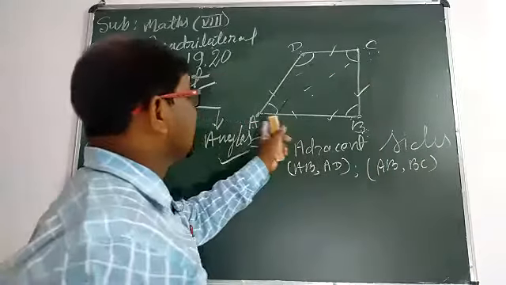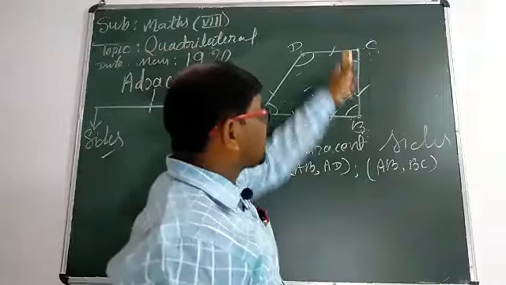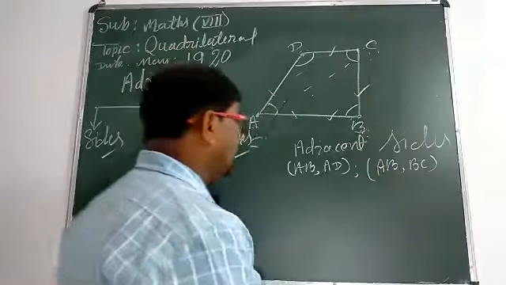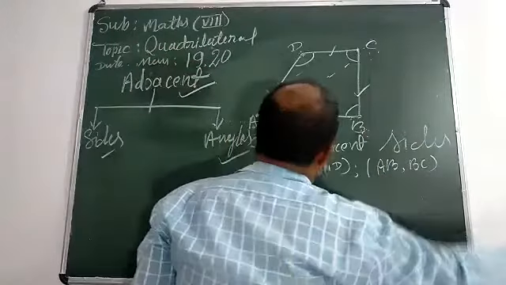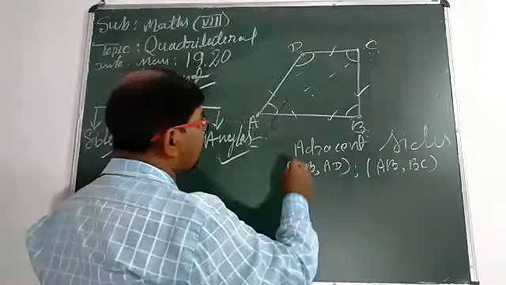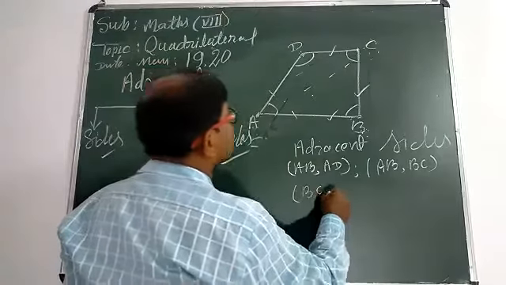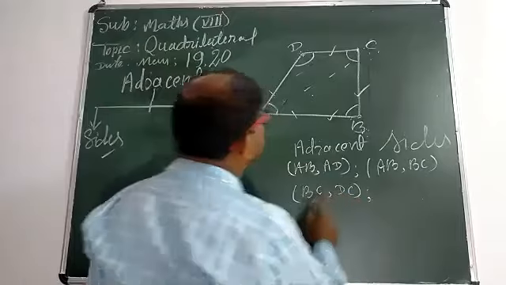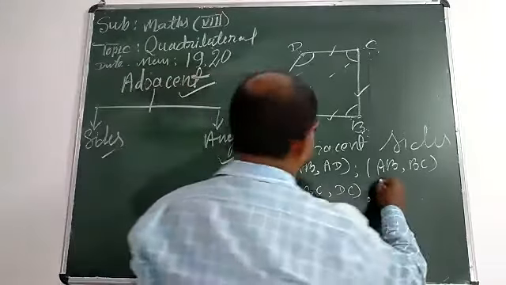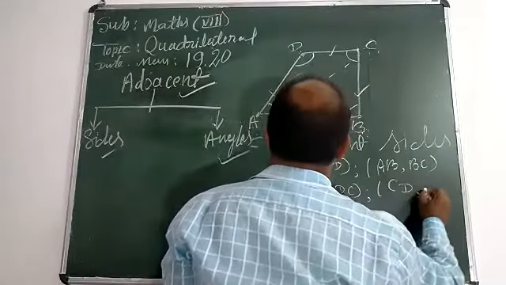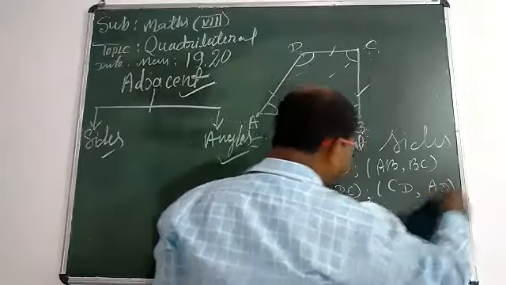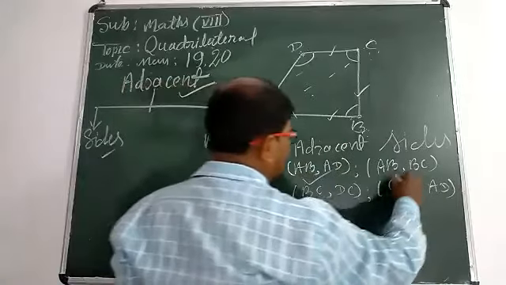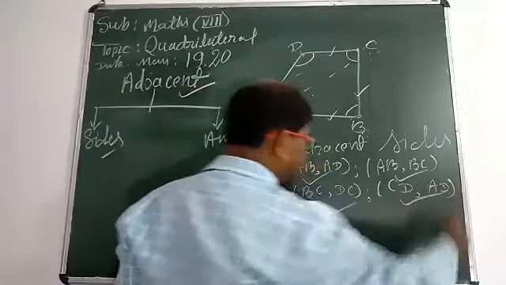You can write BA, CB. Third pair: BC, DC. The fourth pair: CD, AD. So they are adjacent sides.